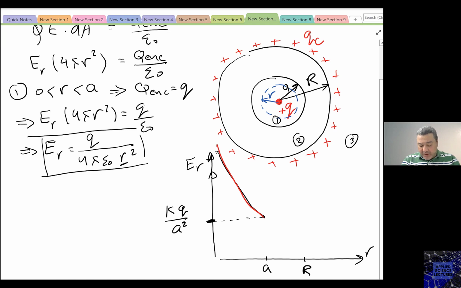Now for the second region there is a very important point that I would like to explain to you: what's going to happen due to this point charge that we have put at the center of this spherical conductor. So this positive Q, this point charge at the center of that spherical conductor, is going to affect the charge distribution, as we will see.